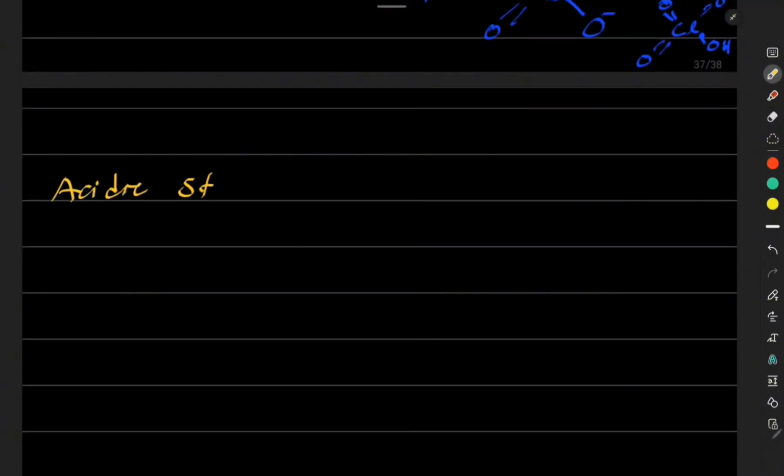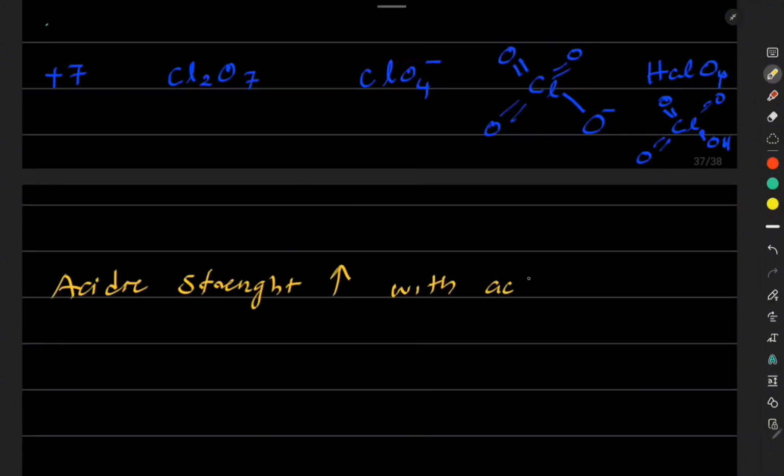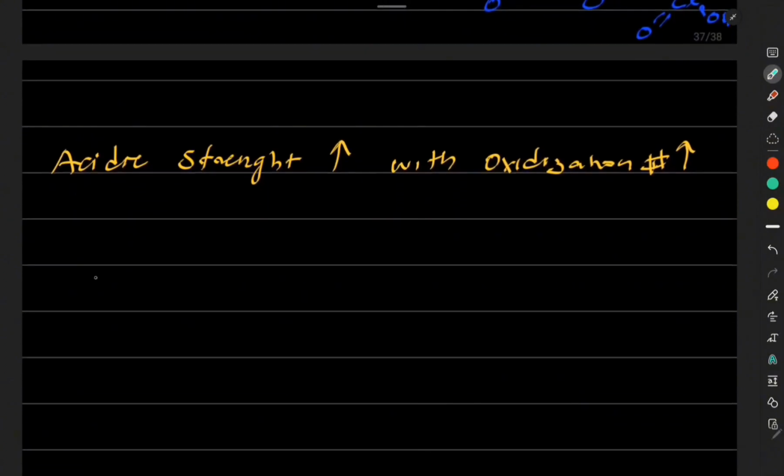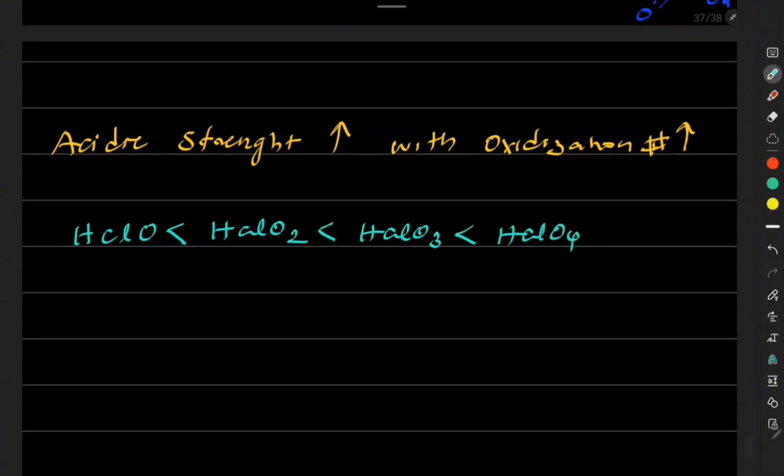Acidic strength increases with oxidation number. When the oxidation number increases, acidic strength increases. HClO acidic strength is less than HClO2, which is less than HClO3, which is less than HClO4.